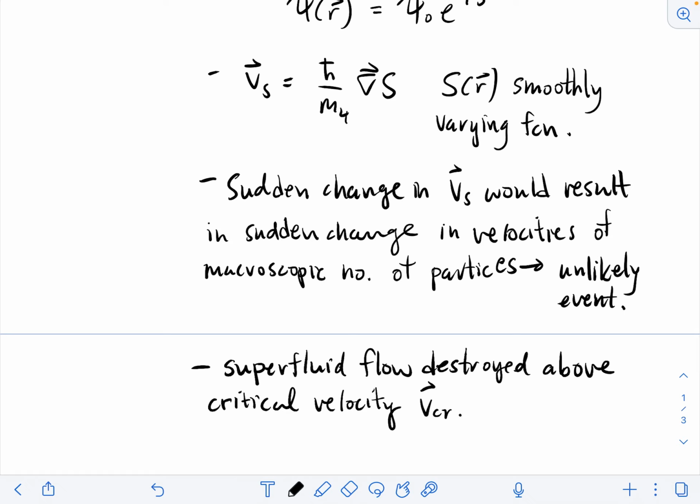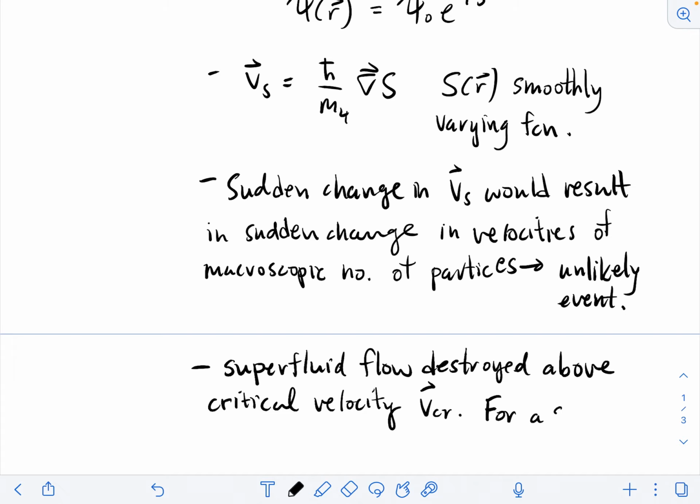And so we calculated this critical velocity for a few different cases. For a system of non-interacting bosons, where the energy is only the kinetic energy, h bar squared k squared over 2m, what we found is that this critical velocity is actually 0, which means that for any flow, superfluidity would be destroyed, and so that means you'd never have flow without dissipation.